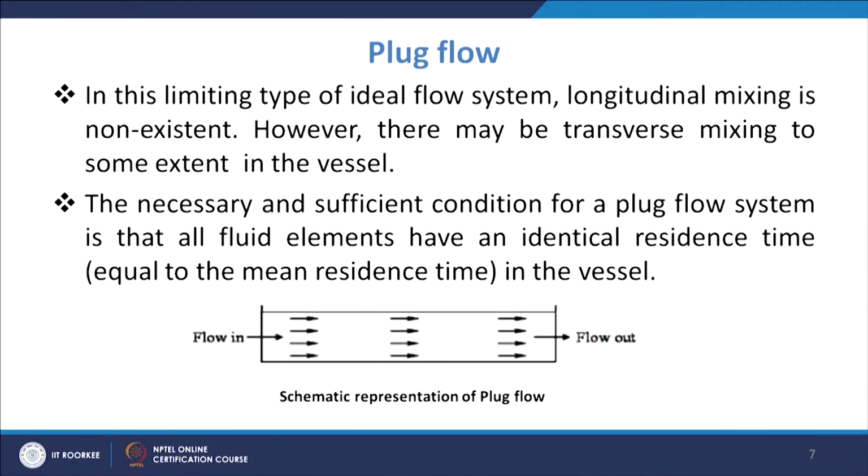Now, coming to the discussion about the plug flow. In this type of limiting ideal flow system, the longitudinal mixing is non-existent. What you see is that normally we define the metal as the tracer which has gone.